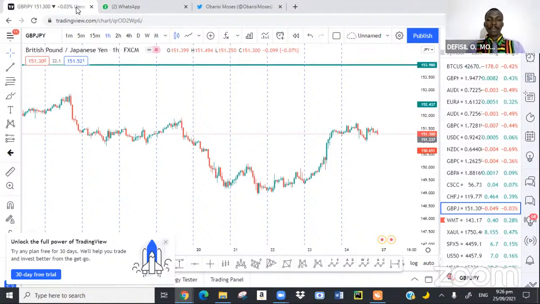Okay, the pound yen was in a smooth uptrend for 2 consecutive days, till the later part of Thursday and the entire Friday, when it started behaving like a flat top.